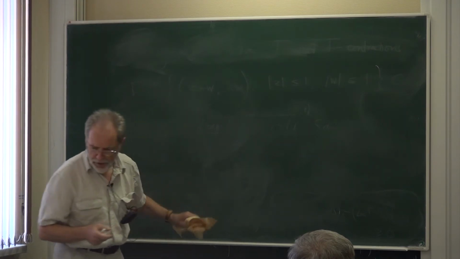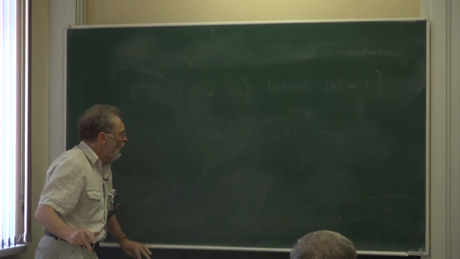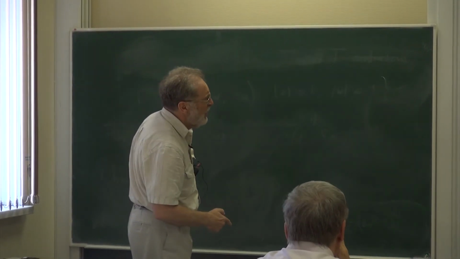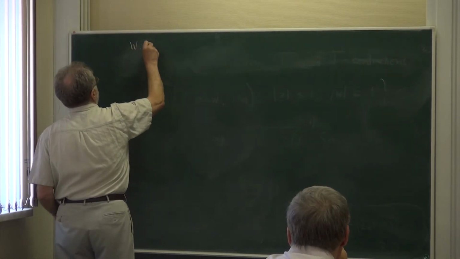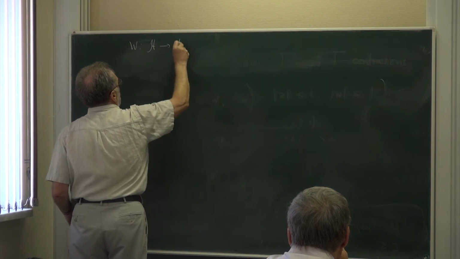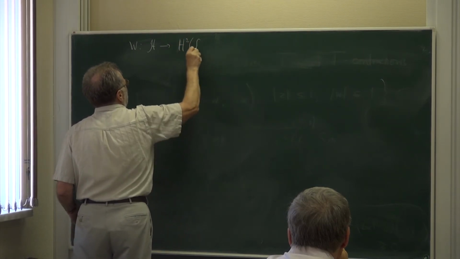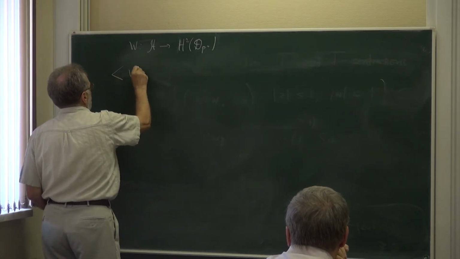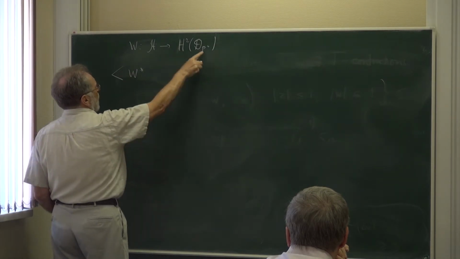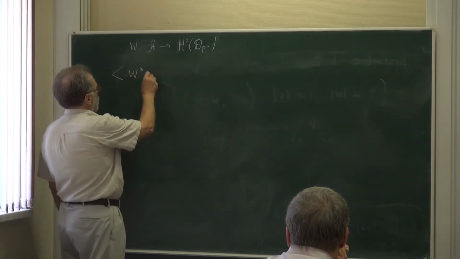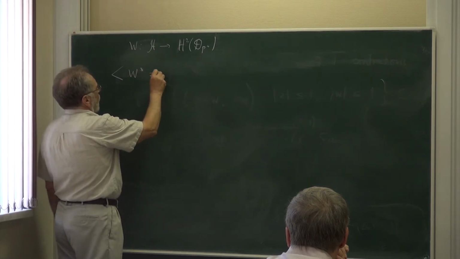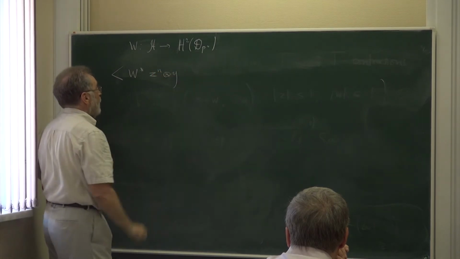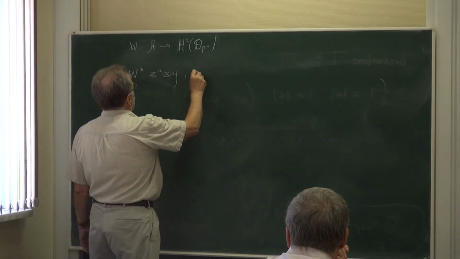So the first step is to work out what the adjoint of W is. W goes from H into H2 of D_P*, so W* goes from H2 of D_P* into H. An element of H2 of D_P* could be something like Z^n tensor y.